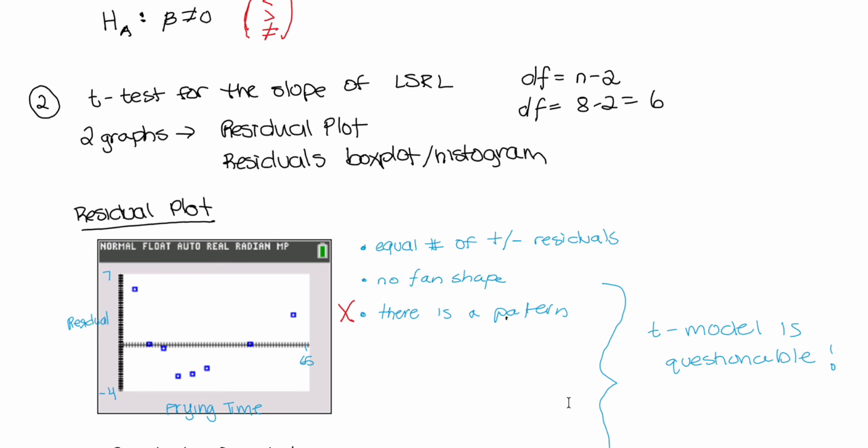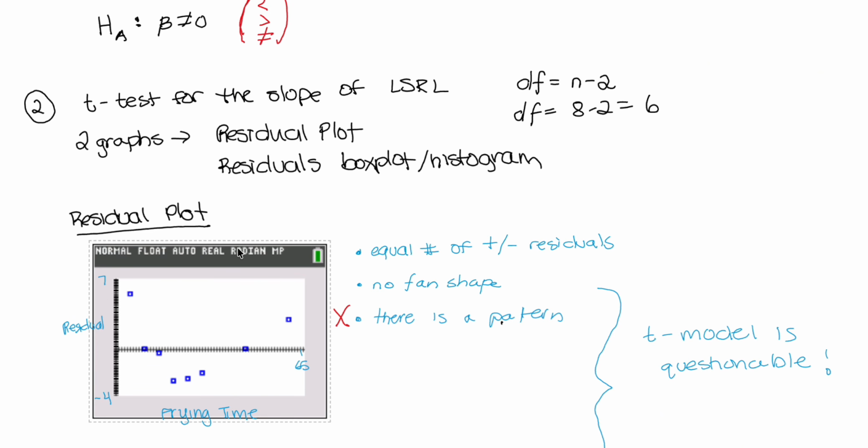Let's first draw our old stuff, which is the residual plot. Go into your calculator, and after entering all of those in, you'll get a dot plot like this, which you can see has roughly equal numbers of positive and negative residuals. There's no fan shape, but there is a pattern, unluckily.